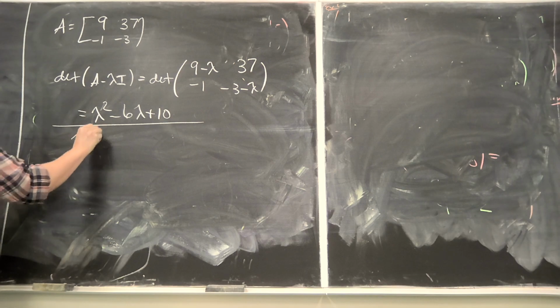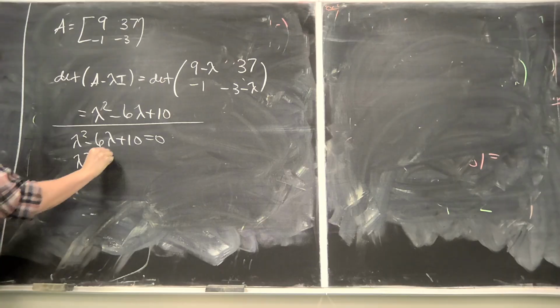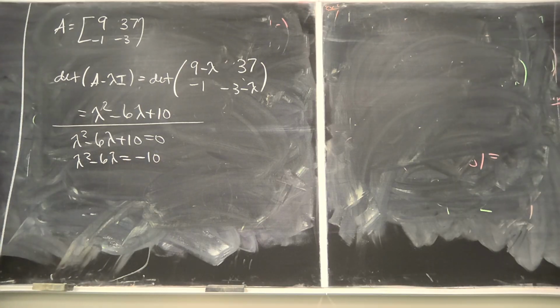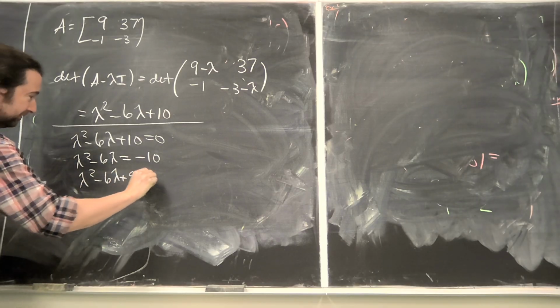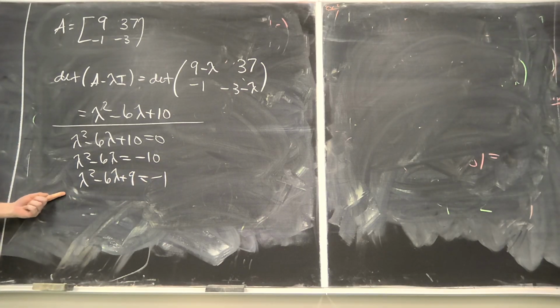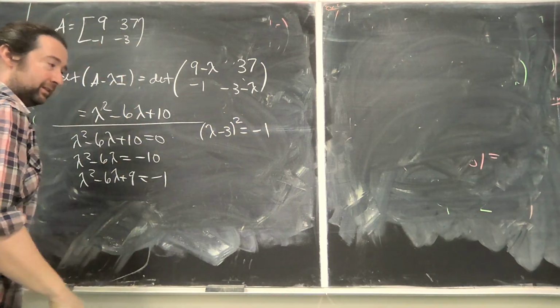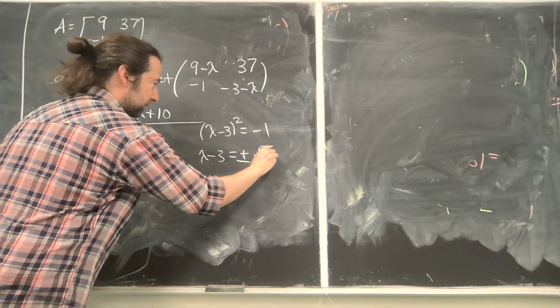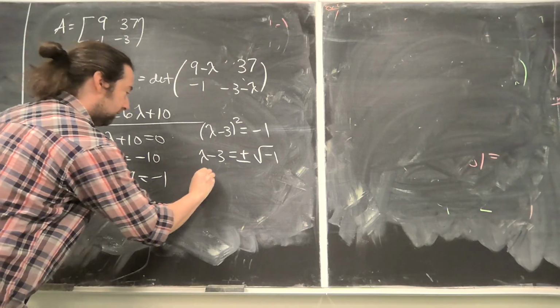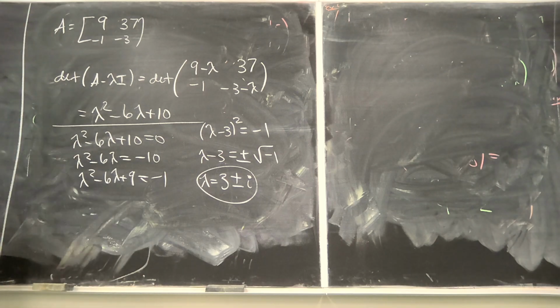So if you set lambda squared minus 6 lambda plus 10 equal to 0, and then slide the 10 over to the other side, and then add the 9 that you need to make this a perfect square, and then factor the perfect square that you just made, and then square root both sides, plus or minus the square root of negative 1, fortunately we know that's equal to i, then you get lambda is equal to 3 plus or minus i. Oh man, complex eigenvalues.